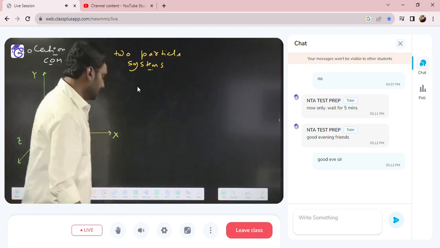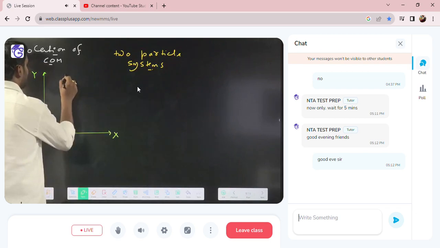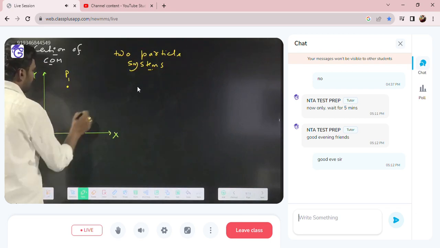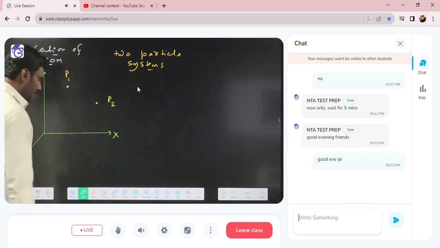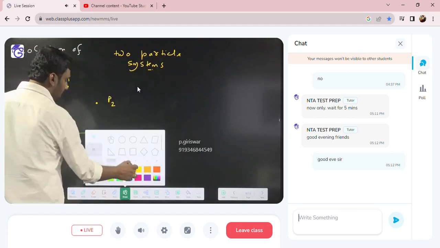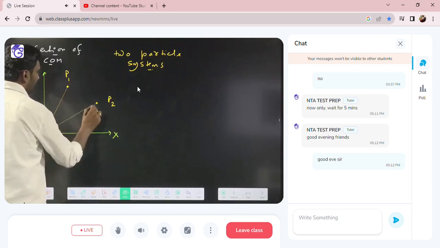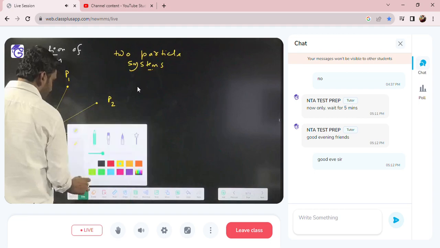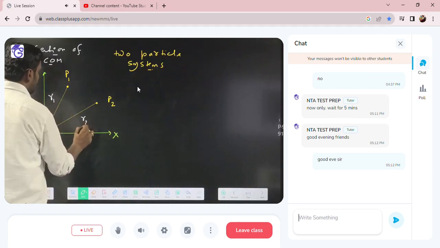In that, if I have two particles, let us say this is particle 1, and here is particle 2. We will also assume that the coordinate of particle 1 from the origin is r1, and for particle 2, the coordinate from the origin is r2. So I'm writing this is r1 and this is r2.